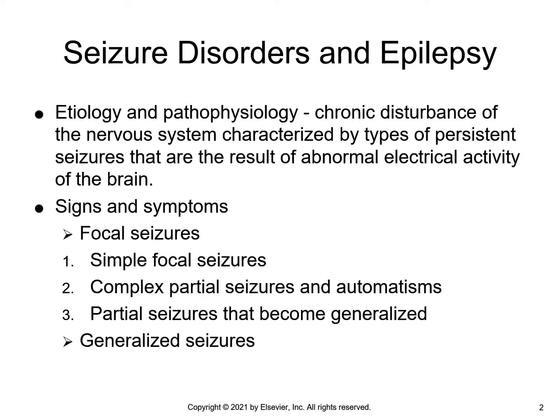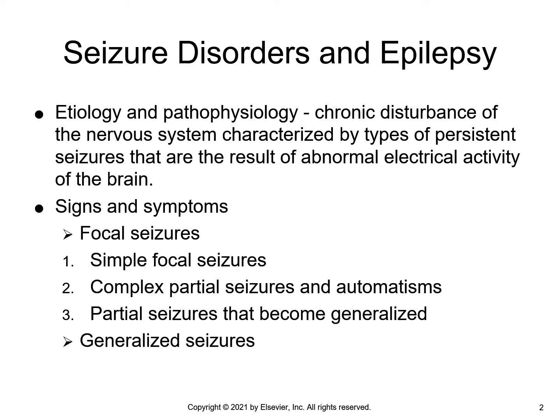Partial seizures with complex symptomology may also be called temporal lobe seizures because they usually originate in the temporal lobe of the brain. A partial seizure can be unilateral, meaning one-sided, with involvement and activity only on one side of the brain.